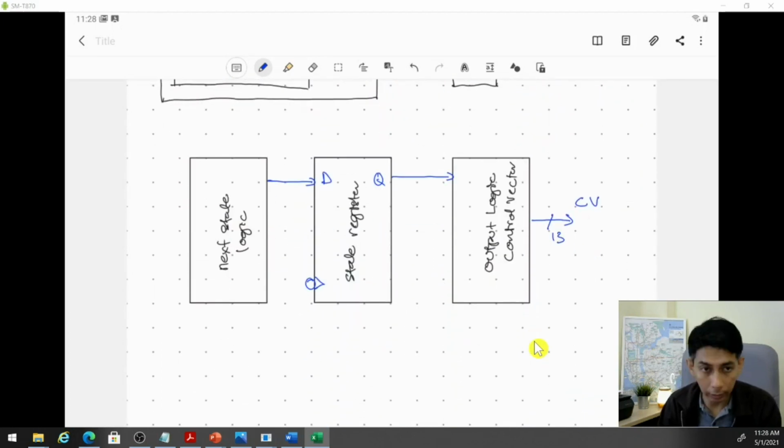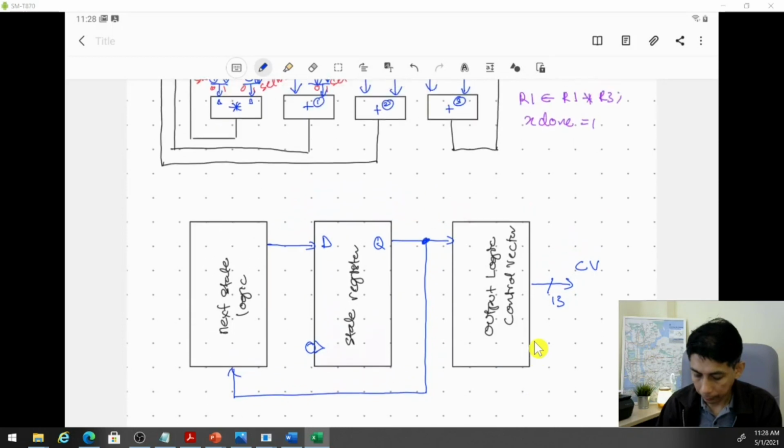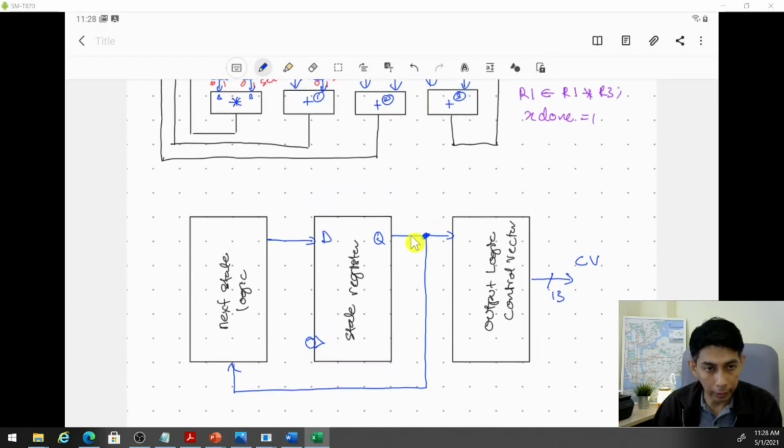So this is 13. And remember, for a Moore state machine or even Mealy, you need to have feedback from the output of the register to the next state logic. And now, how many bits is this?